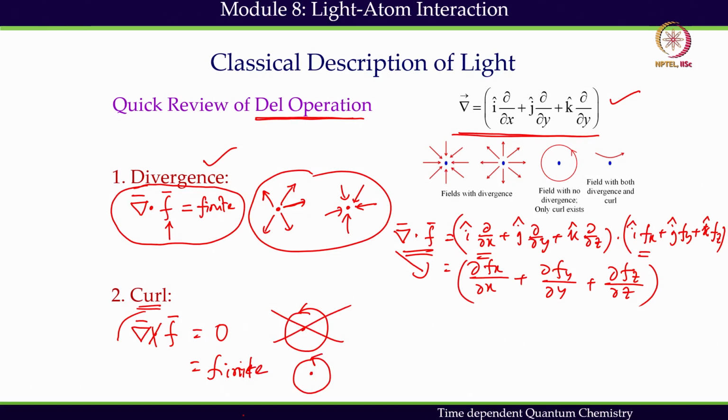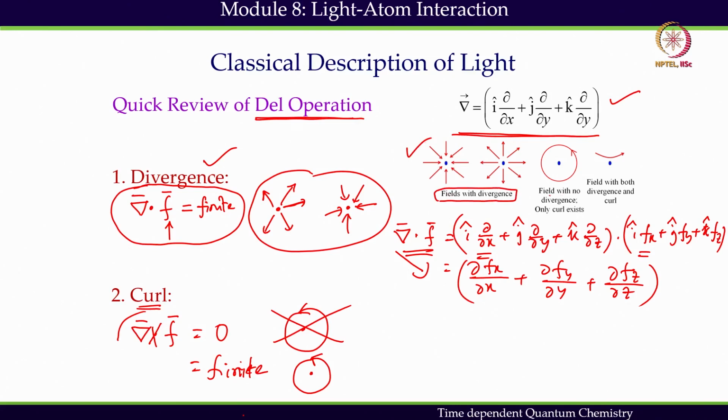So what we are seeing is that divergence and curl can be mathematically represented by dot and cross products respectively, and they show the divergence of a field or the curl of a field. So this is an example we have shown here. The field with divergence would look like this, which means the dot product will exist.